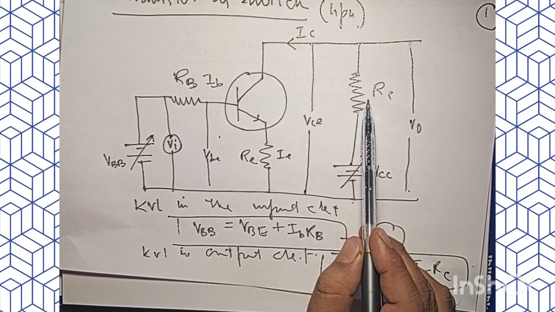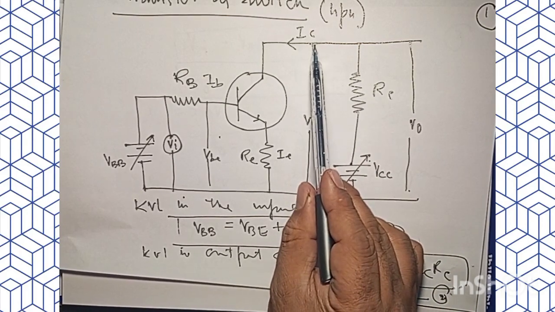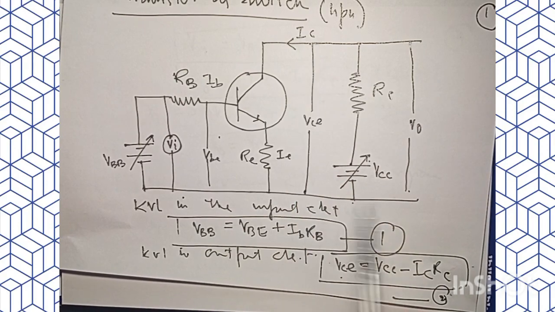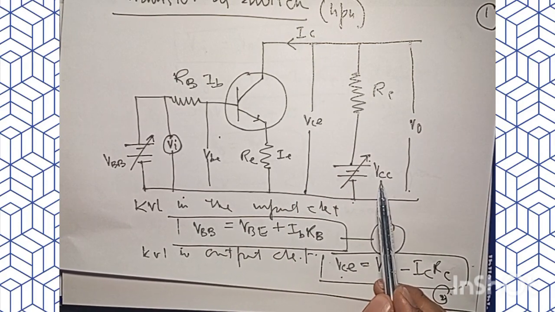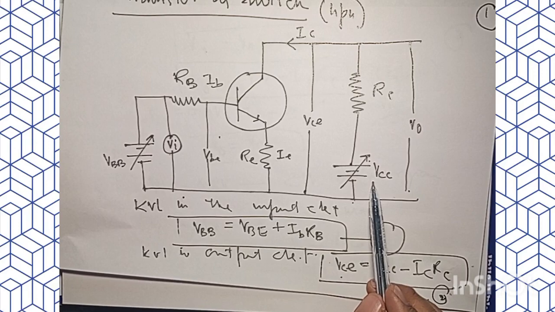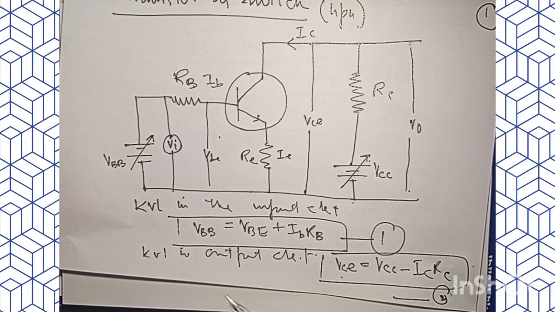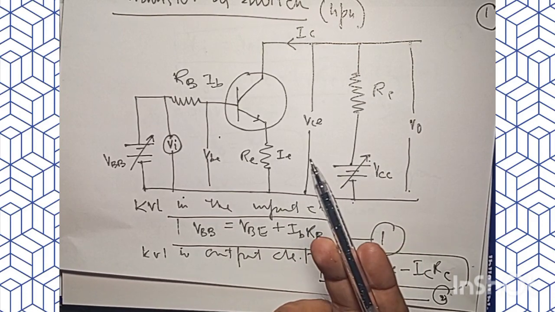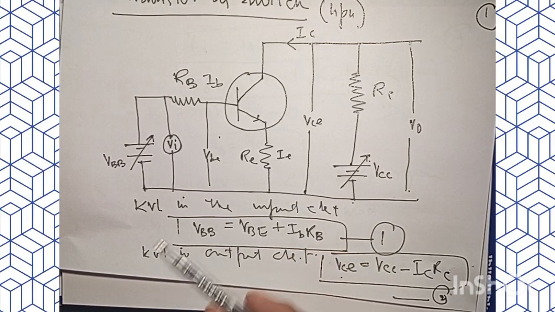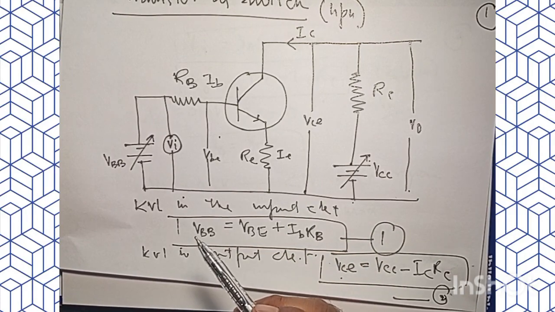So in that case, IC will be equal to 0. Hence, the output voltage is equal to VCC. The transistor is in cutoff mode. That is, the transistor is not conducting, and it is acting as an open switch, the off state of the transistor.